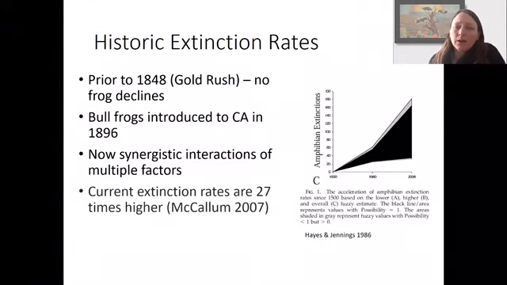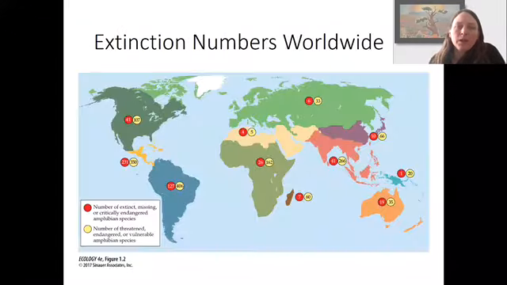And our current extinction rates for amphibians are actually 27 times higher than former, kind of pre-European settlement extinction rates. So this is a huge cause for concern for frogs worldwide. And if you look at extinction numbers, you can see that, in the United States and North America, we have 41 extinct or critically endangered amphibians, with 107 species in threatened or vulnerable status.